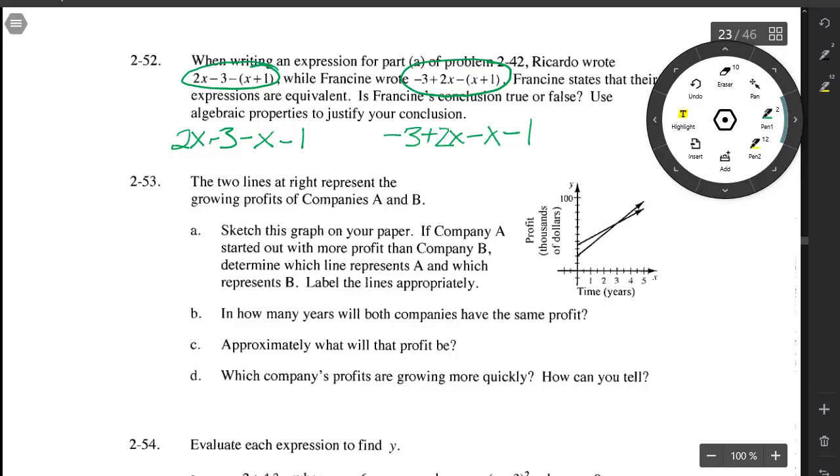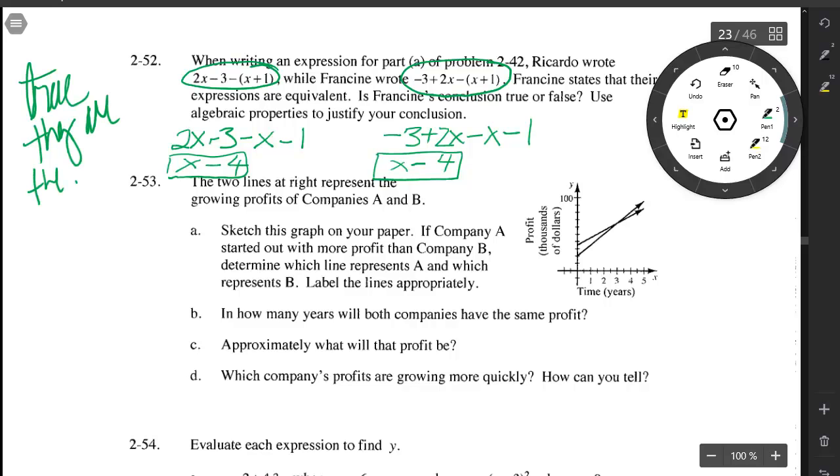So I should have just done them one at a time first. 2x minus x equals x. Minus 3 minus 1 is minus 4. So it's x minus 4 simplified. 2x minus x again is x. And then minus 3 plus 1 is minus 4. So yes, true. They are the same.